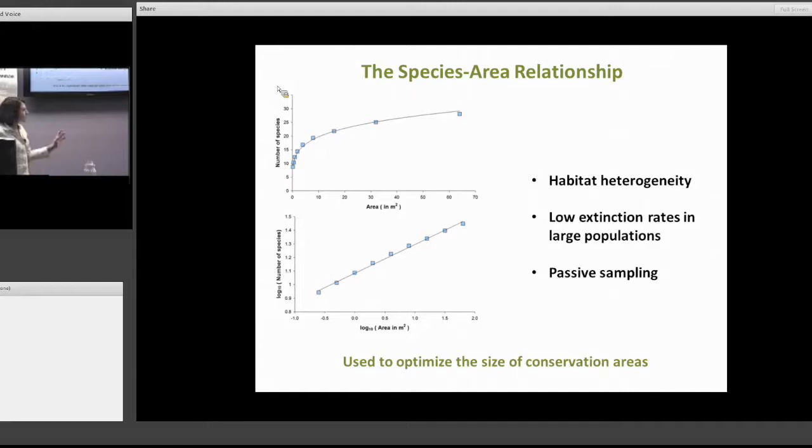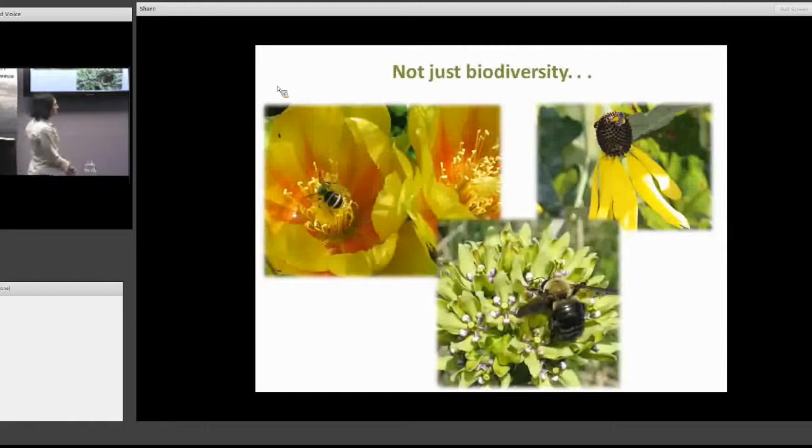And so we wanted to extend these ideas to species interactions, because we would argue that the biodiversity of a place might not be able to be maintained unless you also have the interactions present that are required to keep those populations going over time. So in our case, seed set of plants related to pollination. So having all the interactions present that would also maintain the fitness and reproduction of those plant populations.